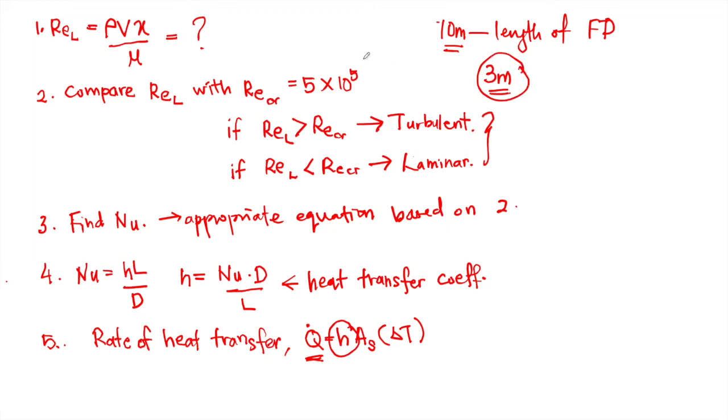And the question for the local Nusselt number is not necessarily to determine the rate of heat transfer; it might change the question to find the heat transfer coefficient at 3 meter. This is just an example of steps for you to determine the rate of heat transfer at 3 meter for a 10 meter length of flat plate.